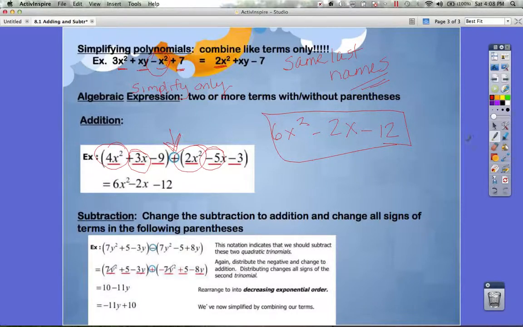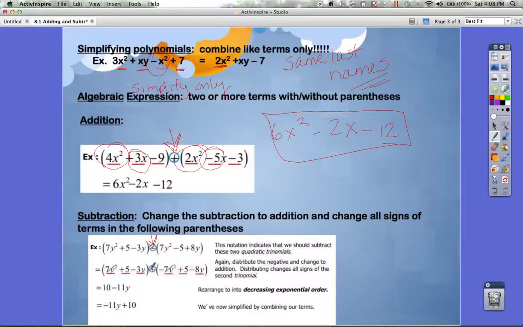Okay, subtraction is the same way. And you know, with subtraction, I like to do more of addition because you guys sometimes get confused with those signs. So, to avoid issues with signs, when we do subtraction, where there is a minus in between the two sets of parentheses, I want you to change that subtraction right there to addition.